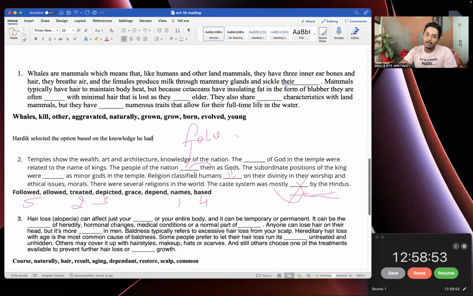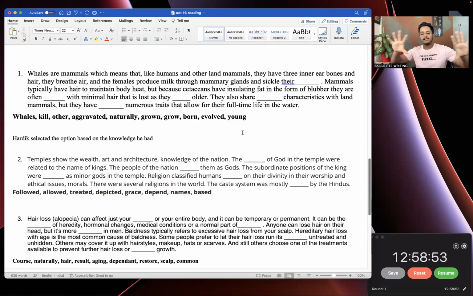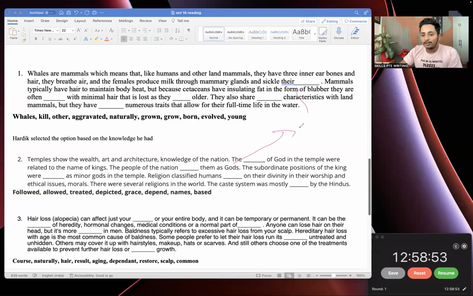That's okay. You guys can mute yourself. The second and third is a bit confusing. Pay more attention. Depicted is, let's say there is a sentence. You are not understanding. So what the guru says, he is depicting the sentence in the form of a picture. Depicting is to consider it in a different form, to show them. Here, people of the nation depicted them as gods. No, they did not depict them and show a picture.